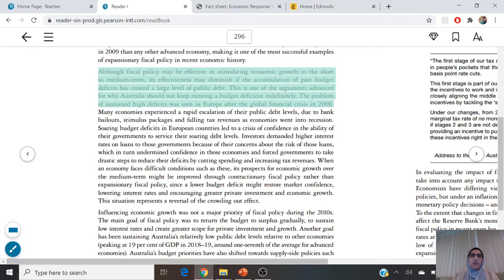Although fiscal policy may be effective in stimulating economic growth, which we know it is, in the short to medium run, its effectiveness may diminish with the accumulation of past budget deficits. Now, look, when it comes to monetary policy, another reason why it's so easy to implement is that you really just have to play around with the cash rate, right? We've discussed a bit of that in Year 11, and we'll discuss it in the next chapter as well.